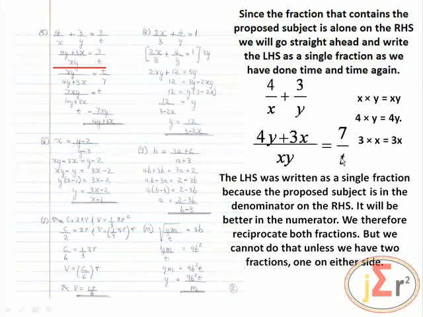If we have the proposed subject in the denominator, the easiest way to get that in the numerator is to reciprocate that fraction. But we cannot do that unless what we have on the other side is a single fraction. Therefore, we write the other side as a single fraction. Then we may proceed to reciprocate both of them.